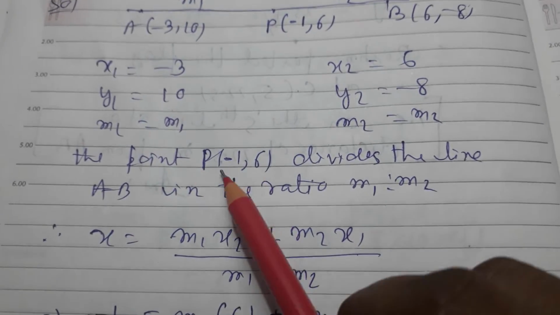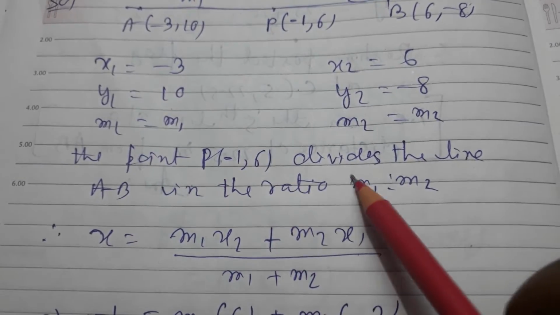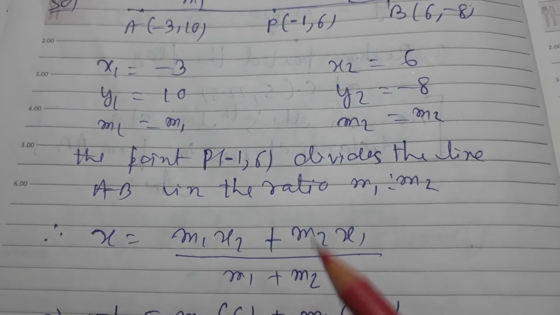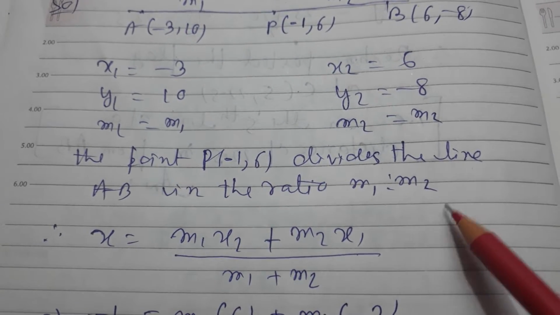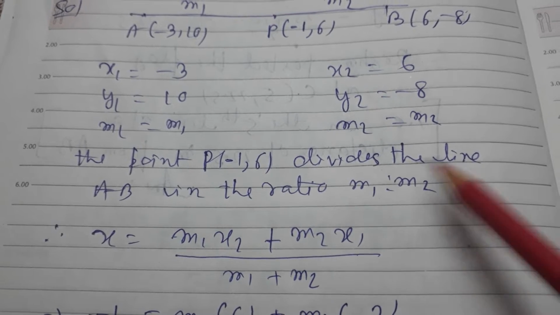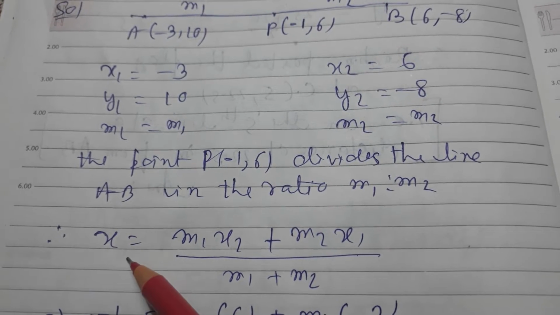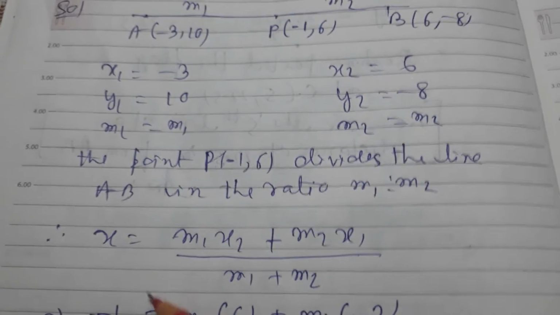The point P (-1, 6) divides the line AB in the ratio m1 is to m2. So for x or y, any formula you can write.